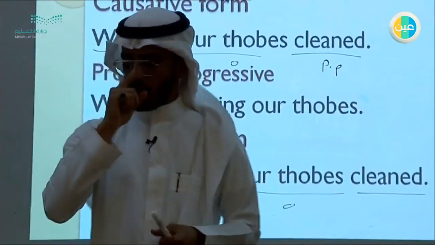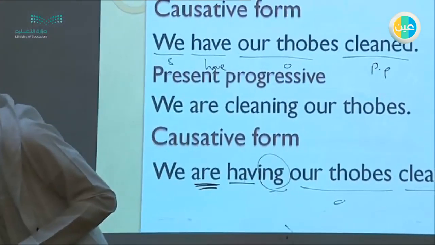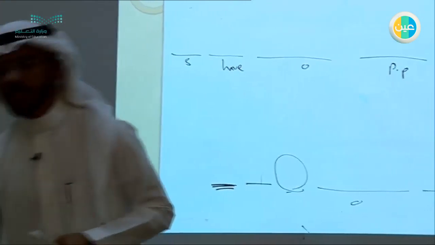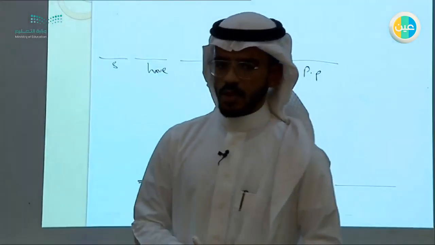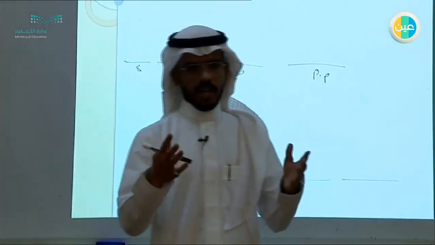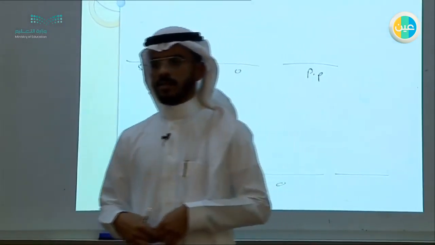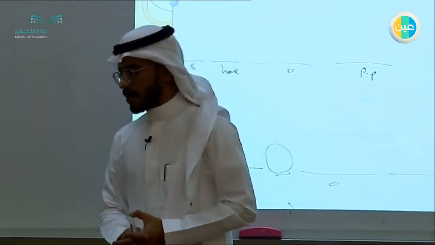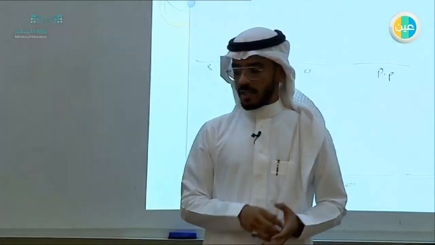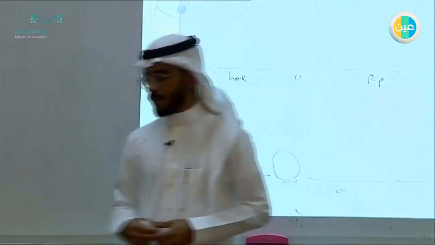Okay, let's move to the third one. Present perfect. Now, as you know, what is present perfect? We use present perfect in three situations. The first situation, when I talk about something that happened in the past and we don't mention the time or when it happened.